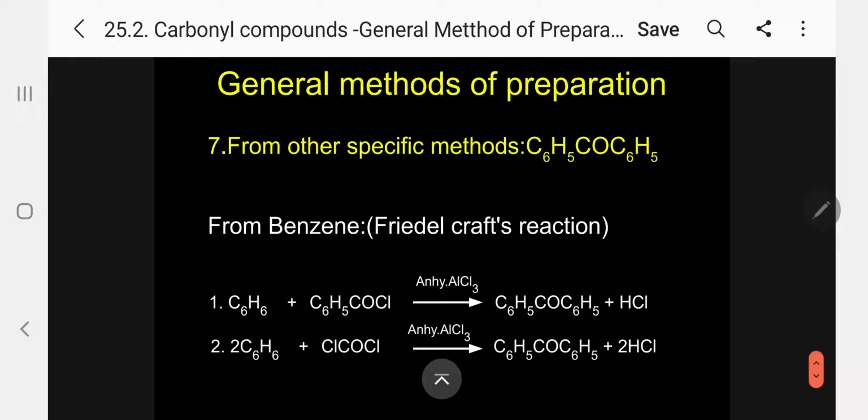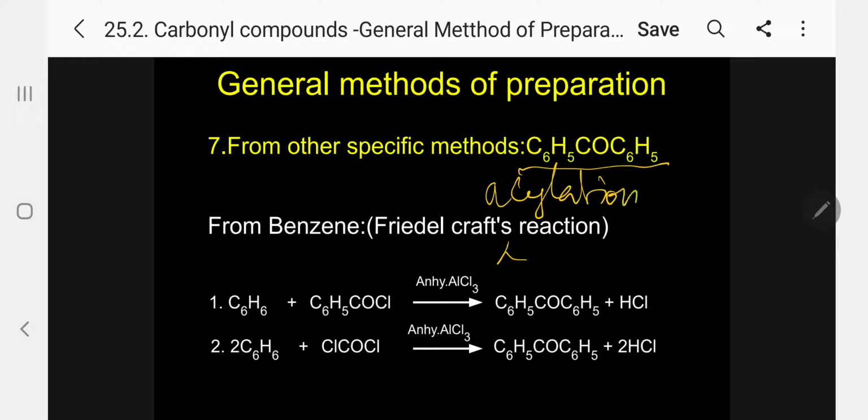In the case of benzophenone also I can use the same method, Friedel-Crafts acylation reaction. Generally, simply you can say Friedel-Crafts in general, but you can use the difference if you want to differentiate Friedel-Crafts alkylation and Friedel-Crafts acylation. Alkylation means R plus, acylation means RCO plus.